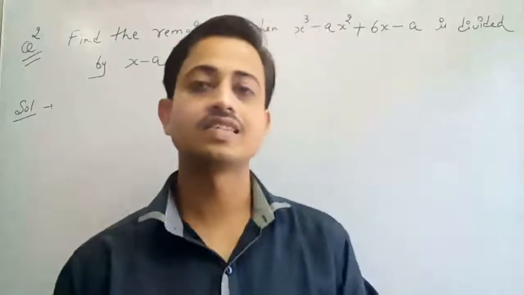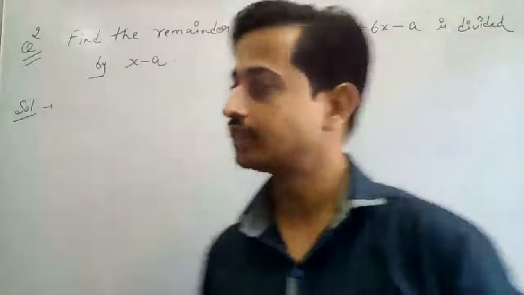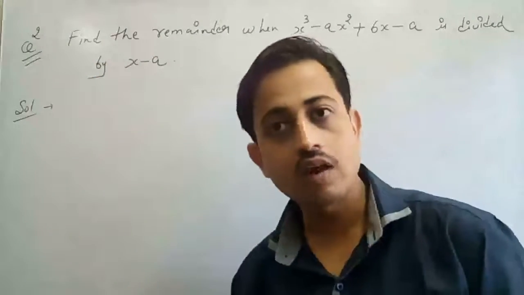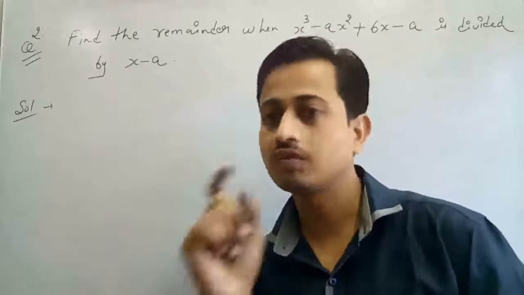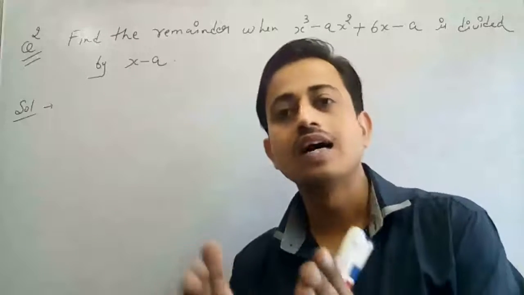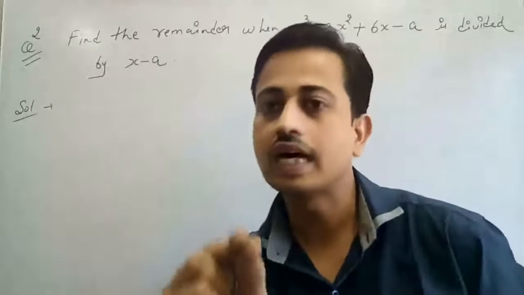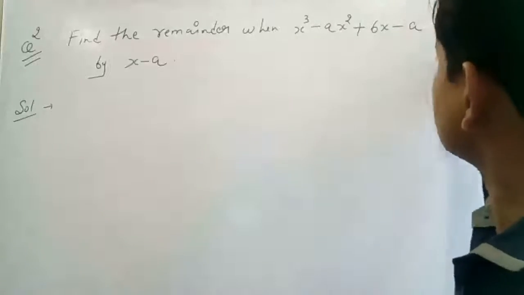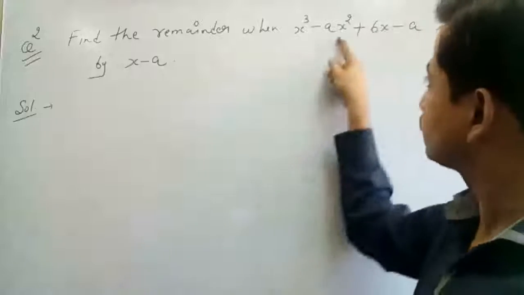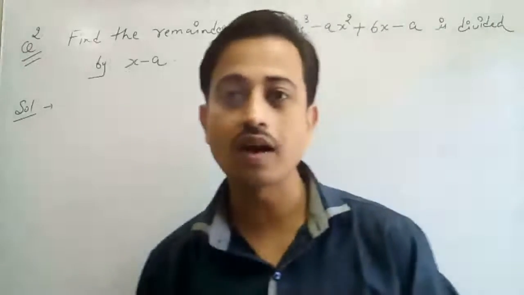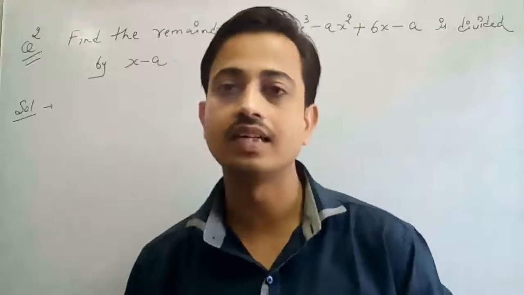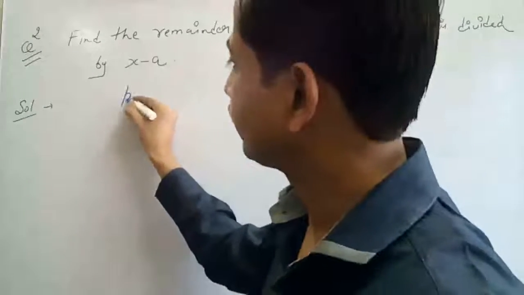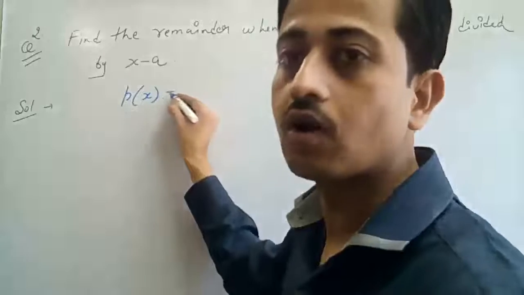Now please read the statement of your second question. What is the second question? Find the remainder. It means again we have to find the remainder, so what do we have to use? The same concept: the remainder theorem. We have to divide this polynomial. This is a dividend polynomial, and dividend polynomial is represented by p of x.